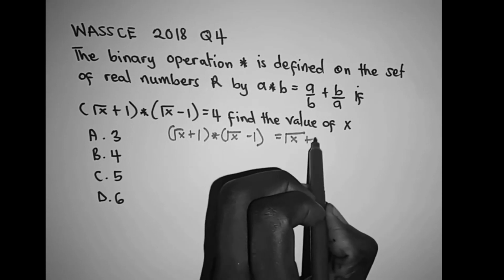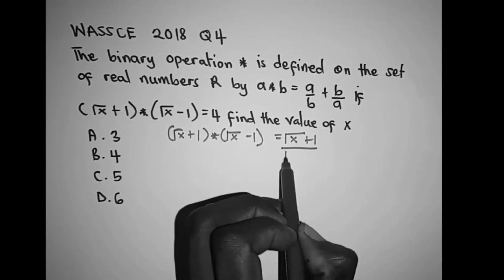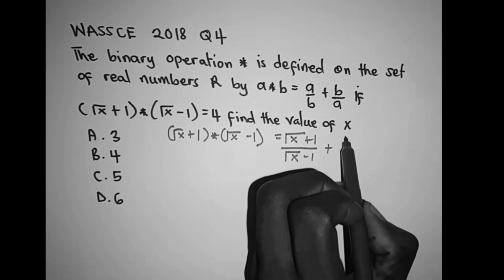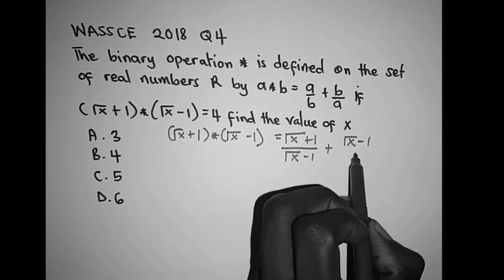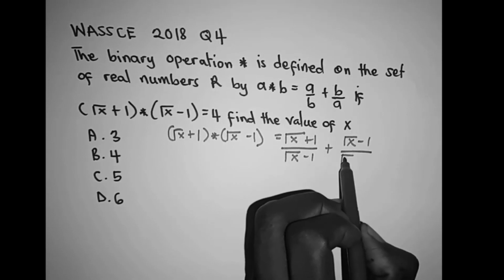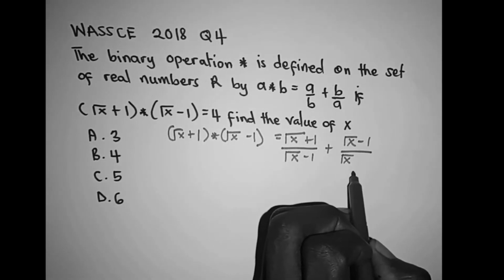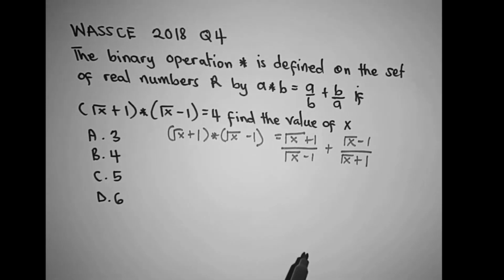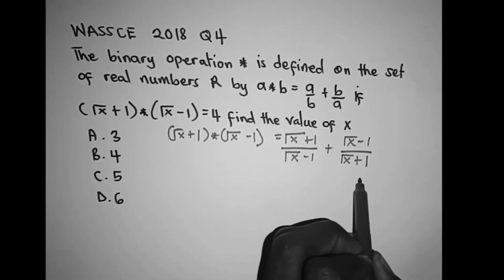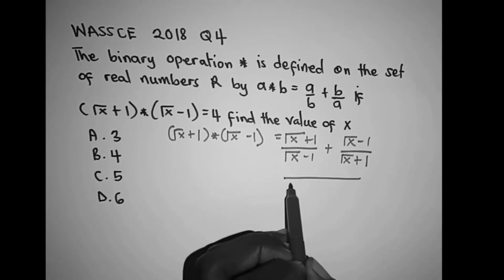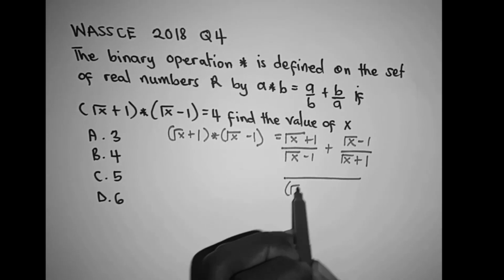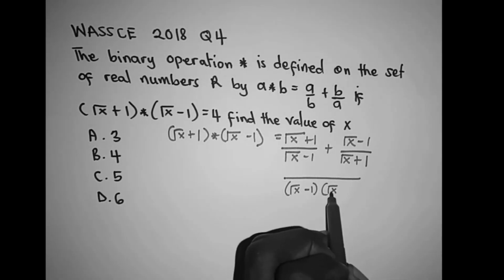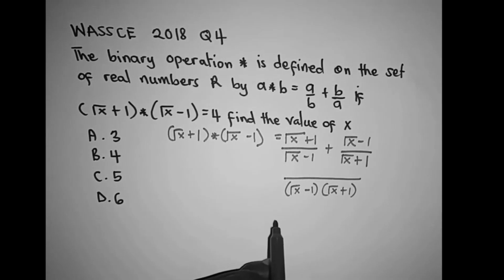So that is equal to root x plus 1 over root x minus 1 plus root x minus 1 over root x plus 1. So from here we can find the LCM, which is root x minus 1 in one bracket, root x plus 1 in another bracket.